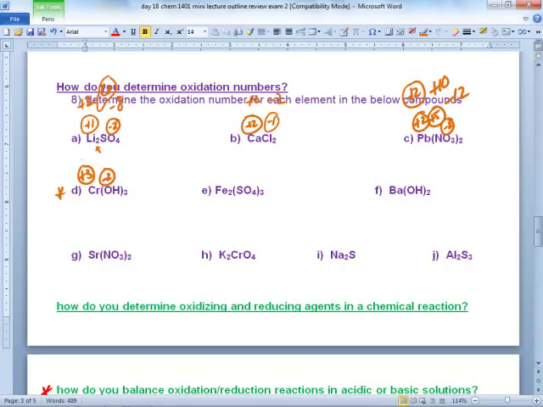H is always +1. I mean, we can do the math, but we really don't need to, because H is always +1. We can do the math. 3 times +1 is +3. 3 times -2 is -6. It works. Okay. We didn't really need to do it.